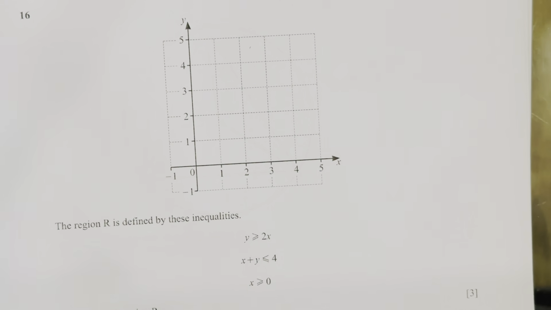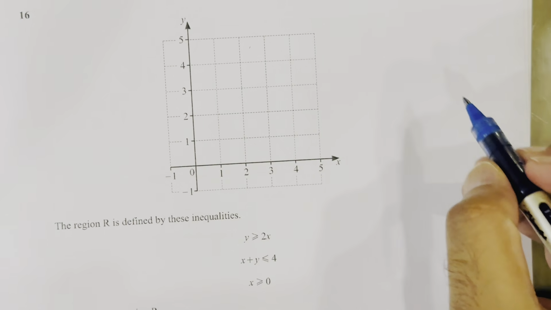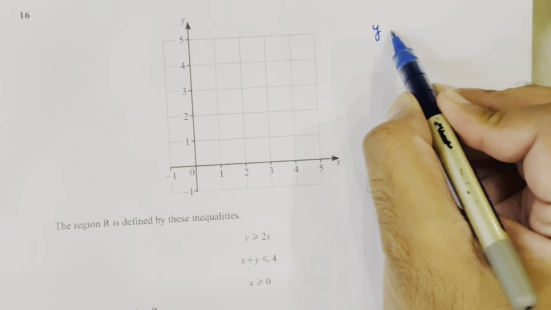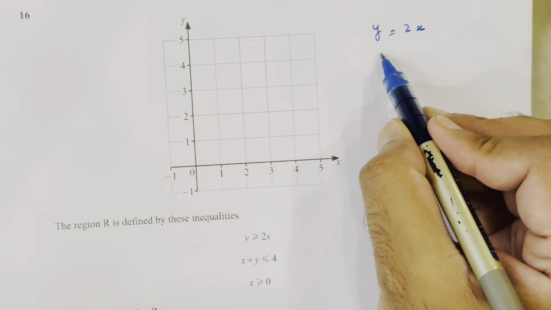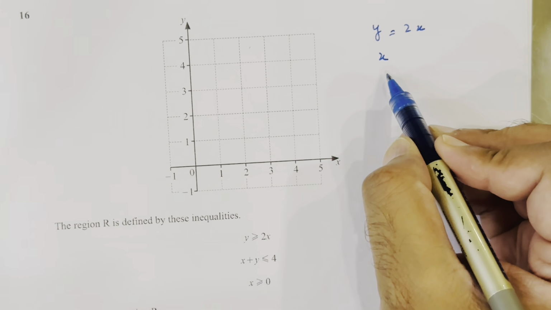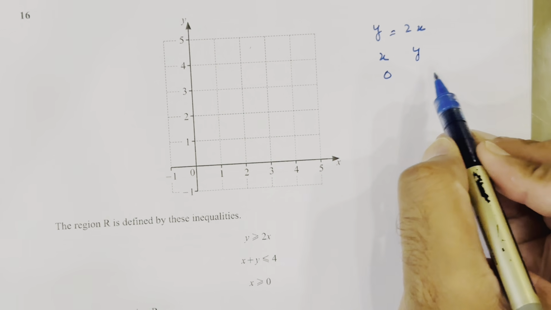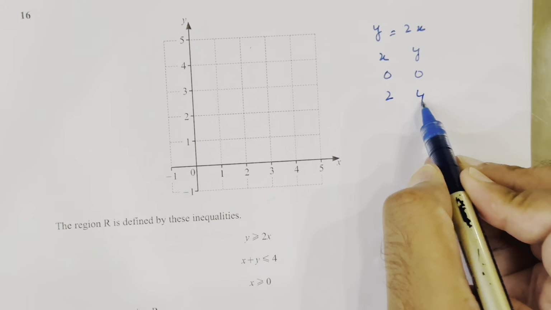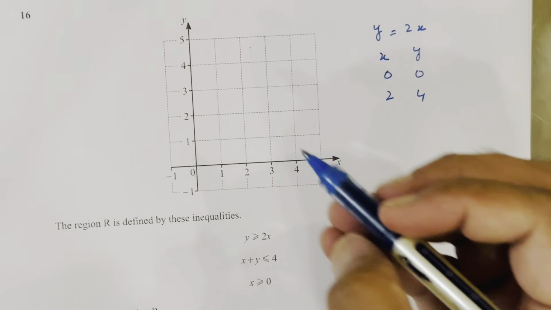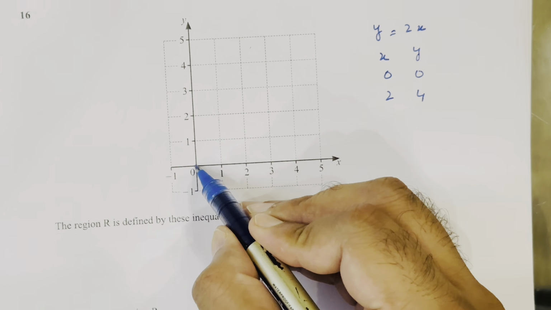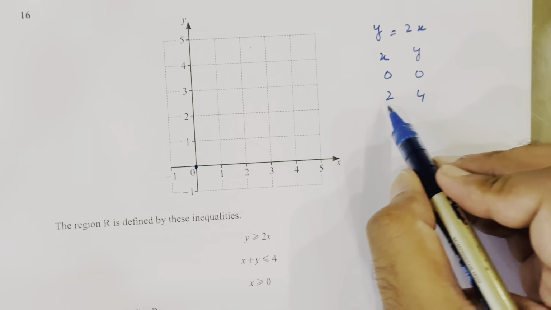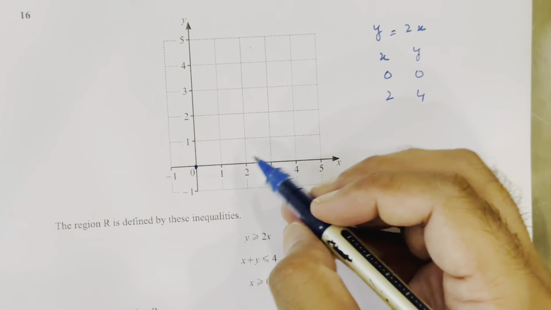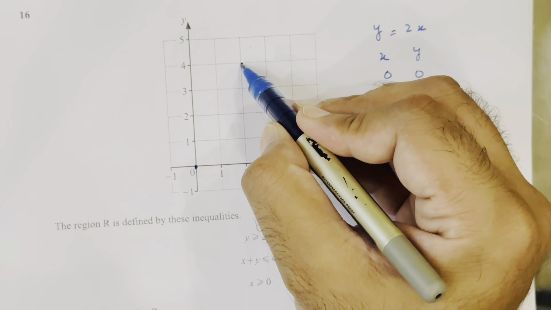Okay, first we need to plot y is greater than 2x. When y is equal to 2x, if x value is 0, the value of y would be 0 too. X value is 2, then y value it would be 4. So we're gonna plot that 0 at 0, and for value of 2 it would be value of 4.